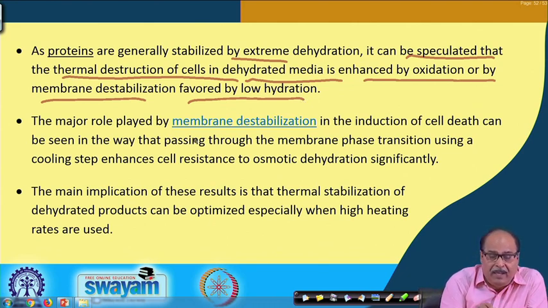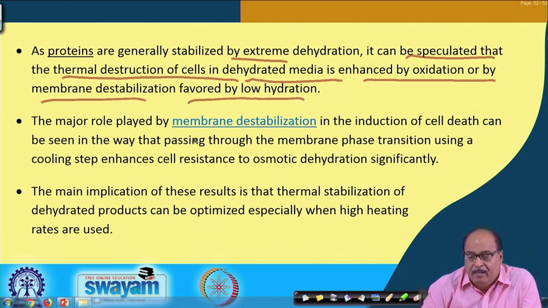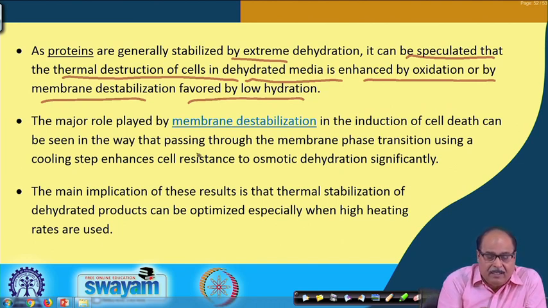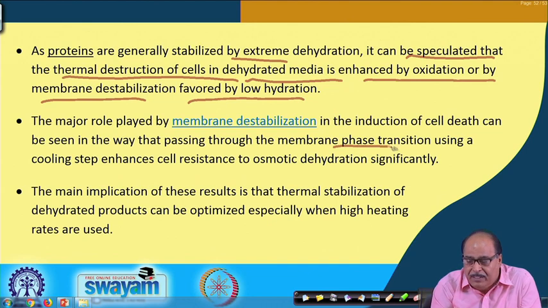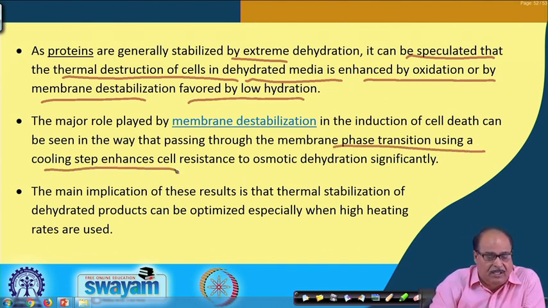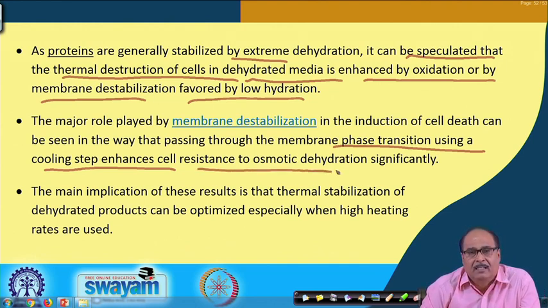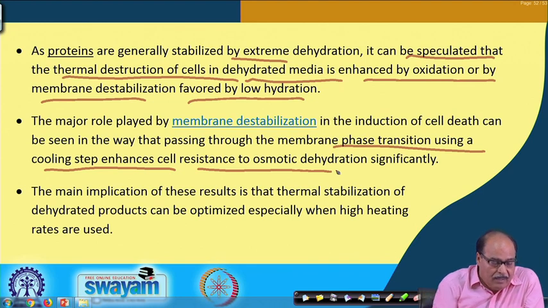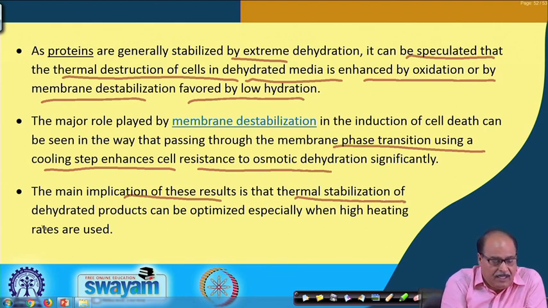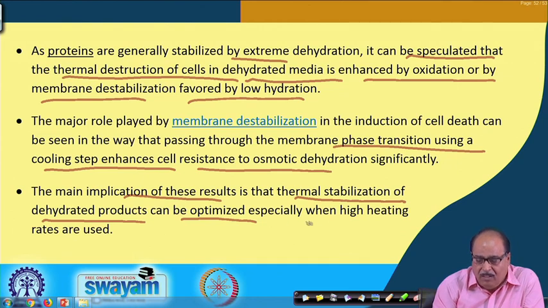The major role played by membrane destabilization in the production of cell death can be seen in the way that passing through the membrane phase transition using a cooling step enhances cell resistance to osmotic dehydration significantly. The main implication of these results is that thermal stabilization of dehydrated products can be optimized, especially when high heating rates are used.